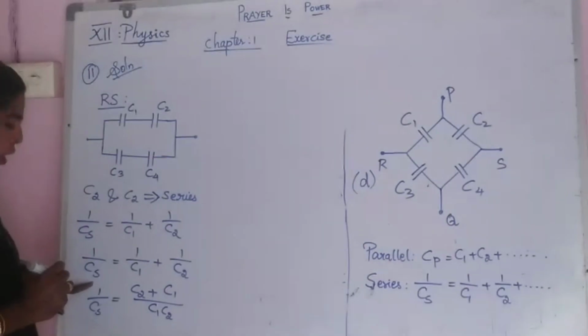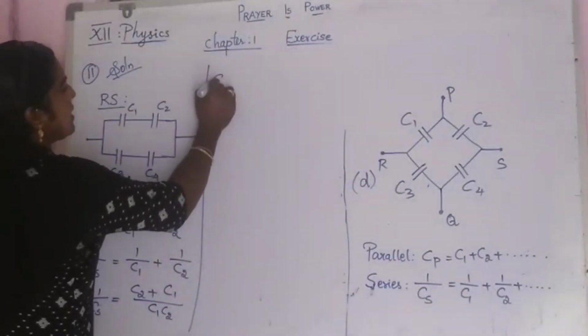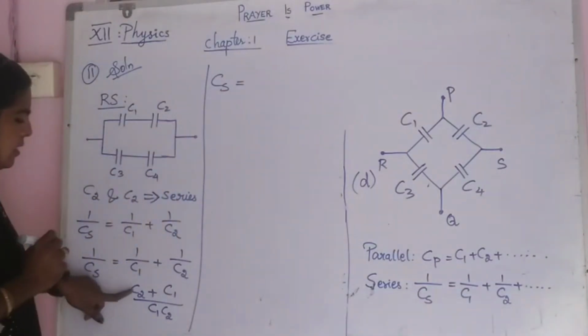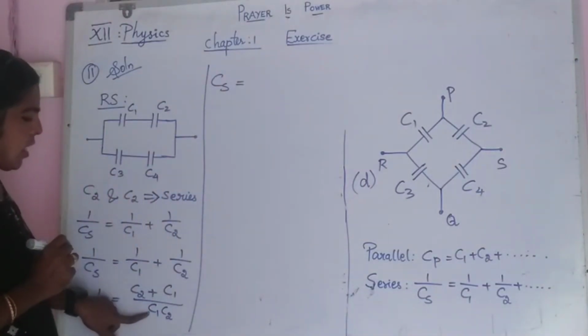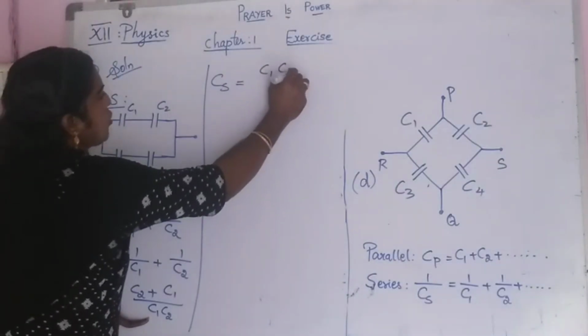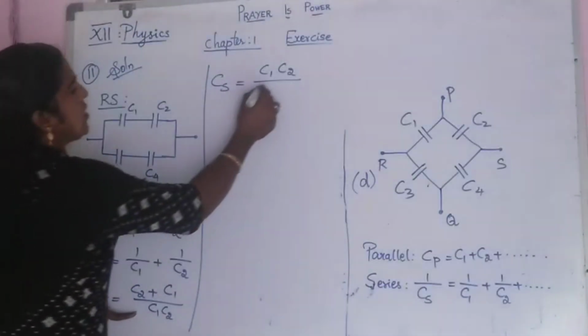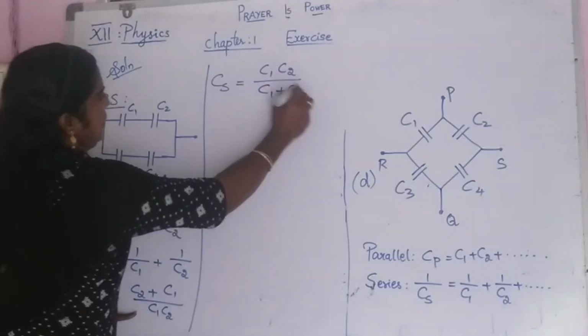Now take the reciprocal: Cs is equal to C1 C2 divided by C1 plus C2.